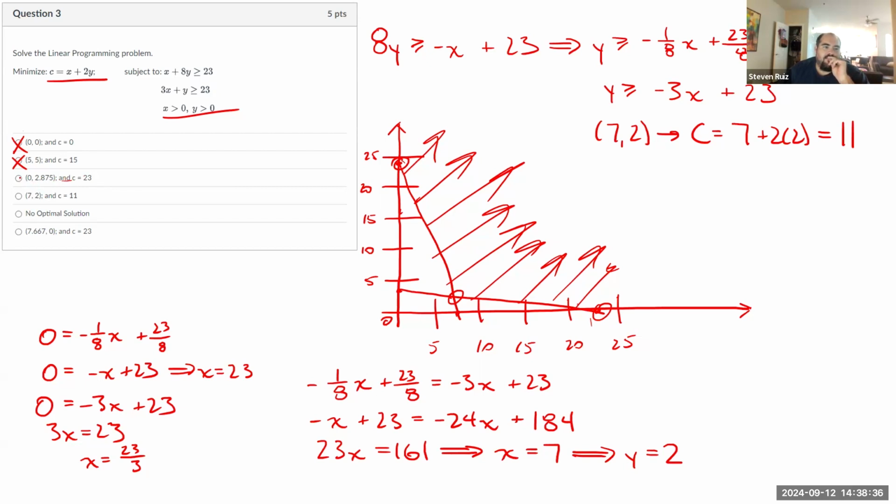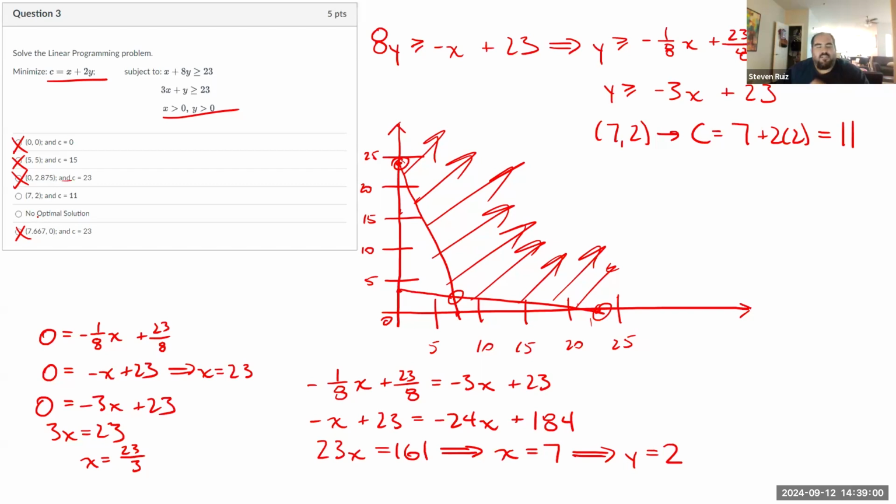0 and 2.875. If you do 2 times 2.875, I don't think you get 23. So I don't even think this answer is correct. And here, I don't think this answer is correct either. If x is equal to 7.667, C is not 23.